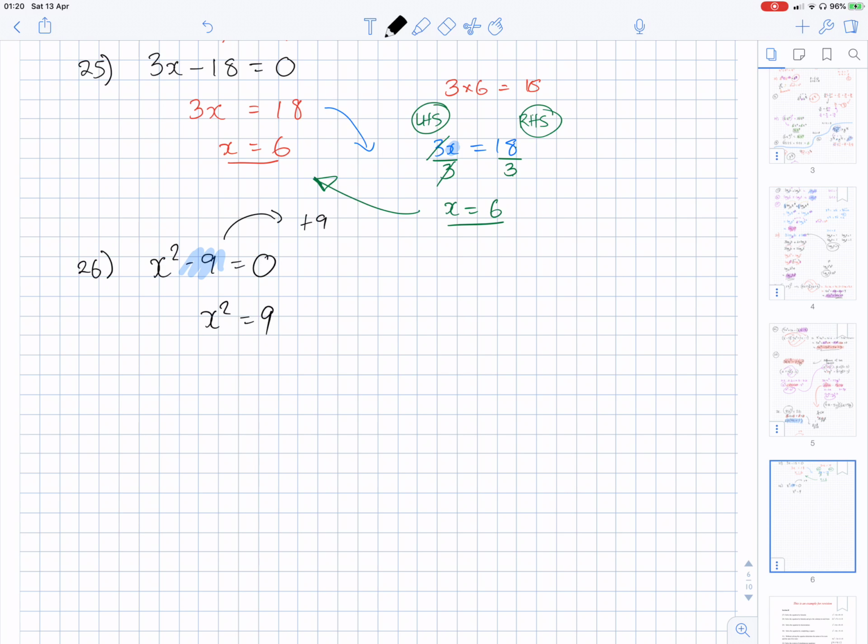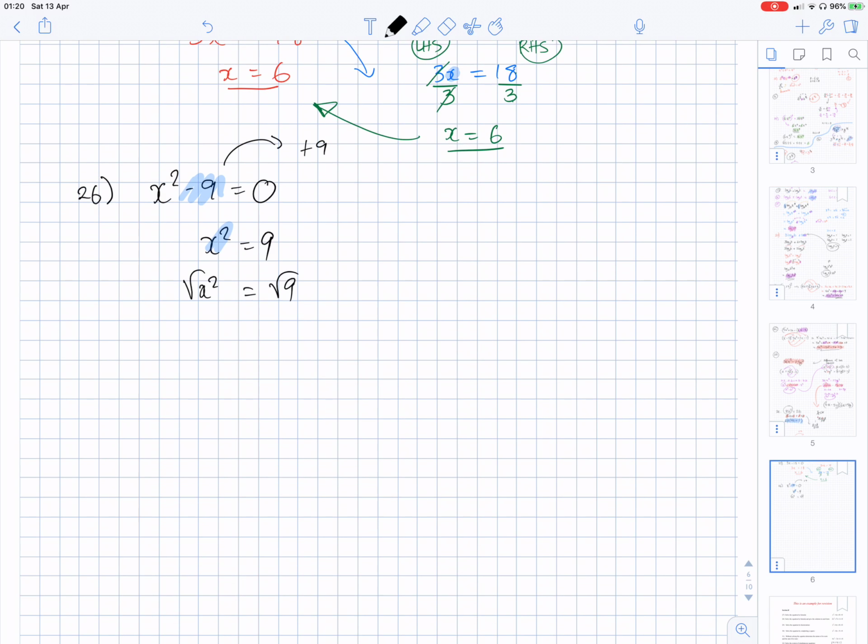Then to get rid of this squared here, we just find the square root of both sides: the square root of x squared equals the square root of 9. The square root of x squared is just x, and the square root of 9 is plus or minus 3.